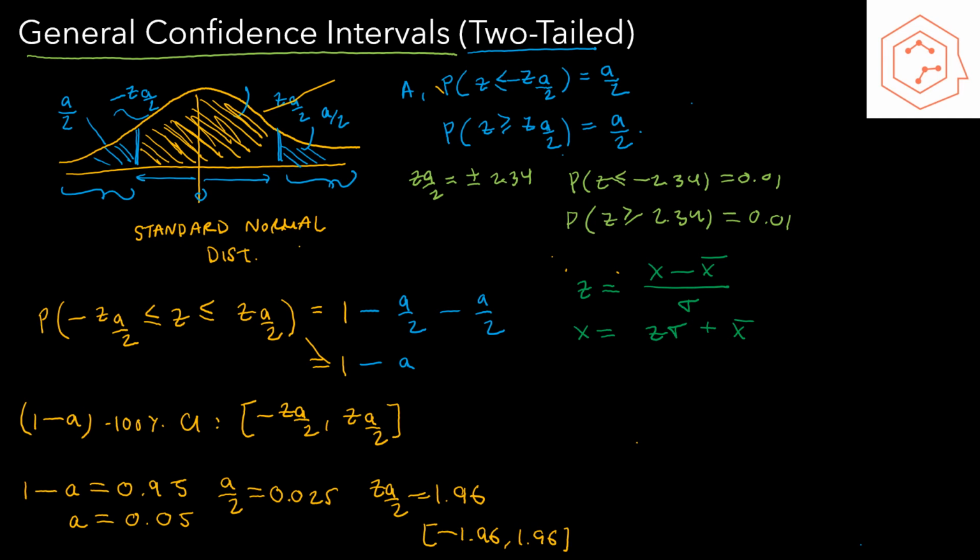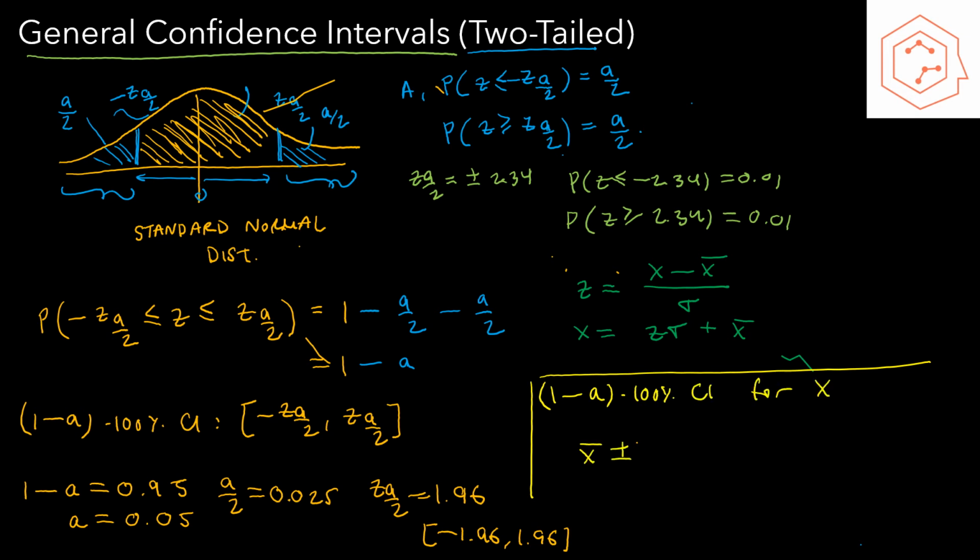And so if we use that inside our interval, we get that the (1 minus α) times 100% confidence interval for x is the mean plus or minus zα/2 times the standard deviation.